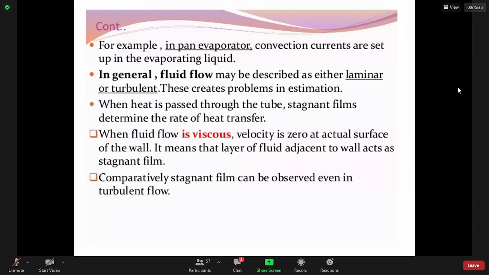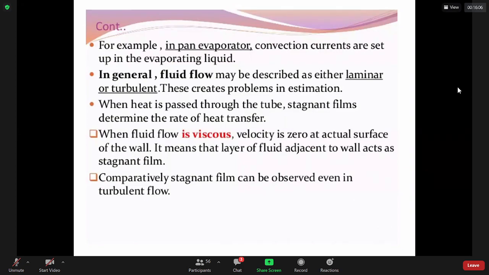You remember when we were discussing fluid flow, we talked of turbulent and laminar. With turbulent, we saw that the layer along the wall of the tube is actually constant. So we can always call that film stagnant. It is not moving. If it's not moving, then we can treat it as a solid. We shall be looking at it later.